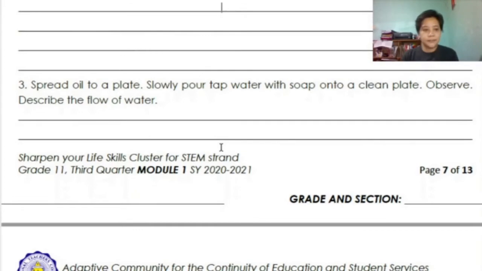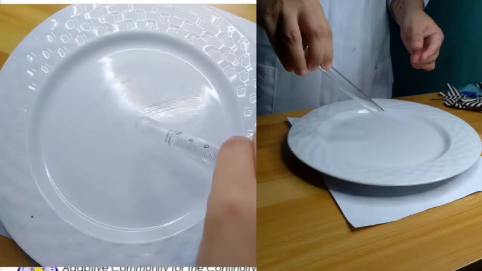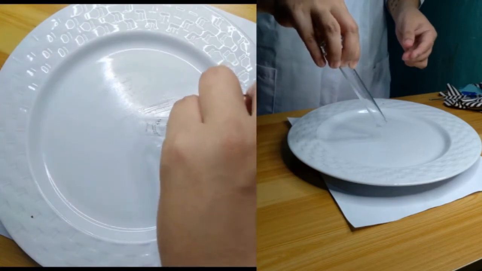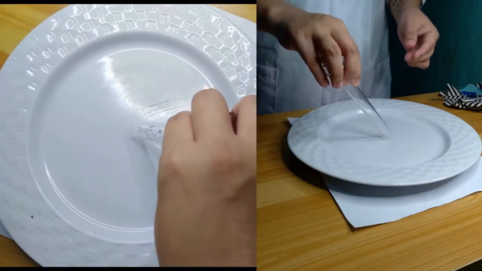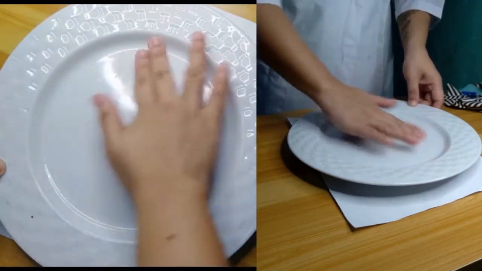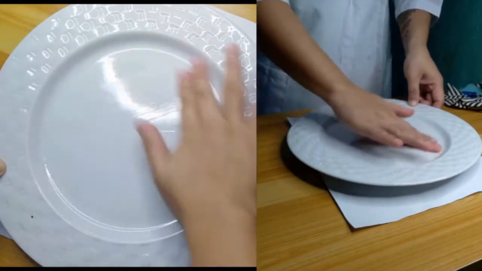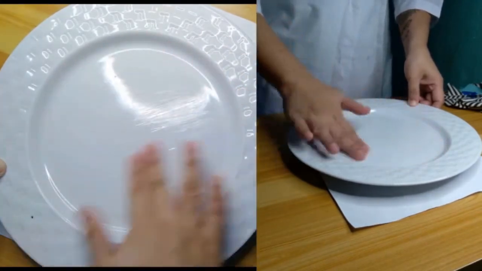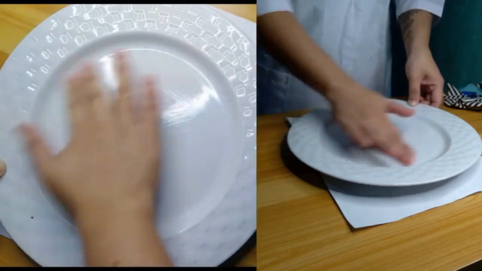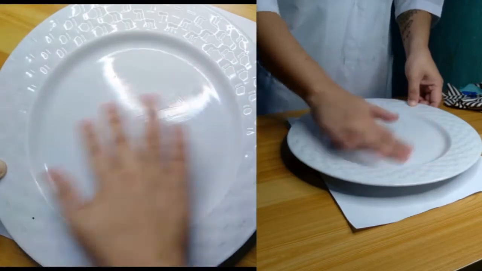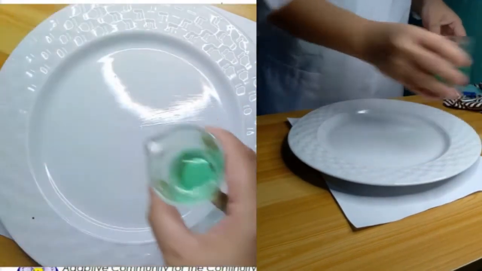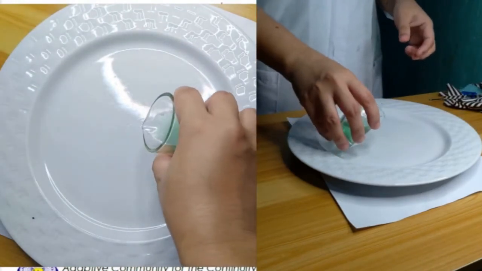Procedure 3. Spread oil to a plate. Then slowly pour tap water with soap.